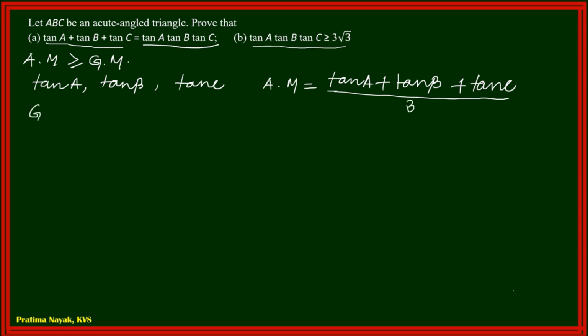And the geometric mean is equal to the cube root of tan A, tan B, tan C. When there are two numbers, we take the square root. When there are three numbers, the geometric mean will be the cube root.